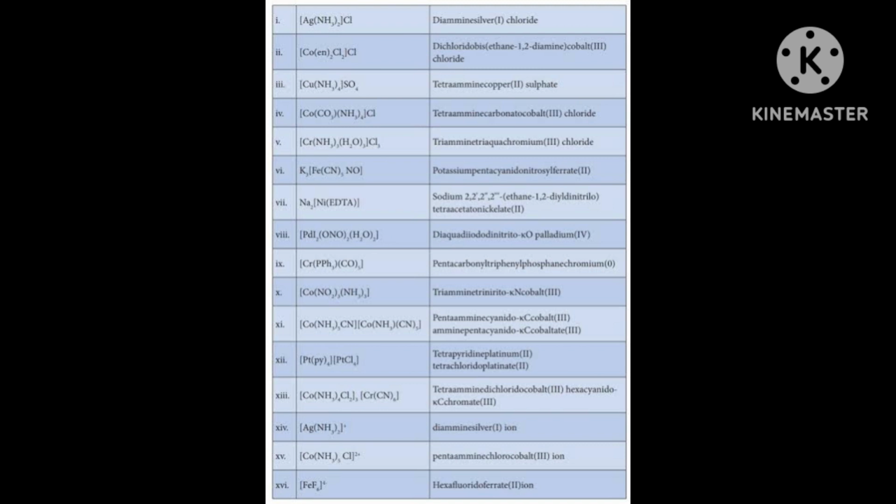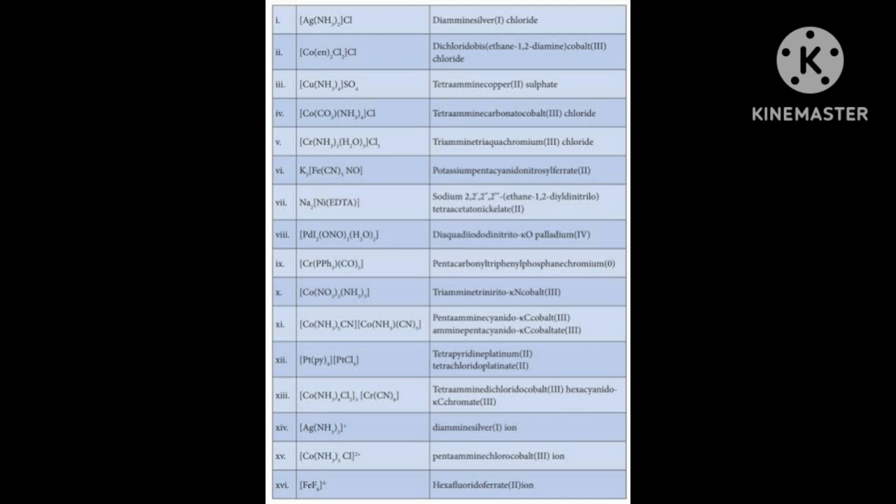This tris you are writing for ethane-1,2-diamine. Nothing else is there, only cobalt. Only ethane-1,2-diamine is attached 3 times with the cobalt. That's why you write tris, and in bracket you write ethane-1,2-diamine.